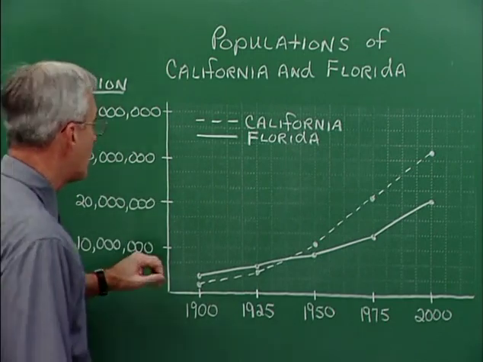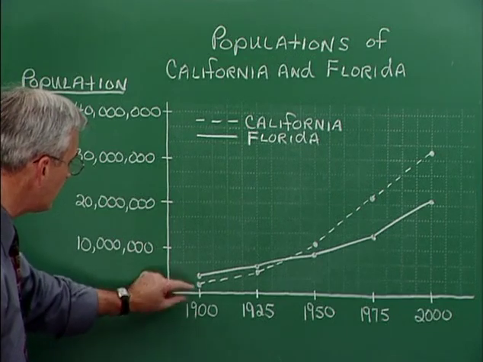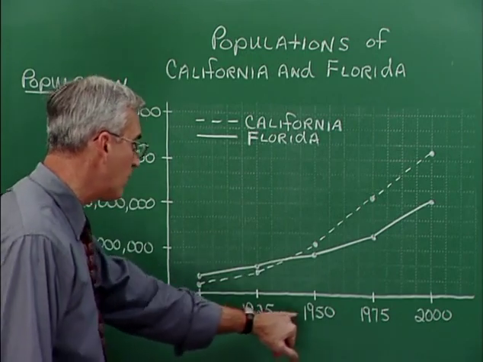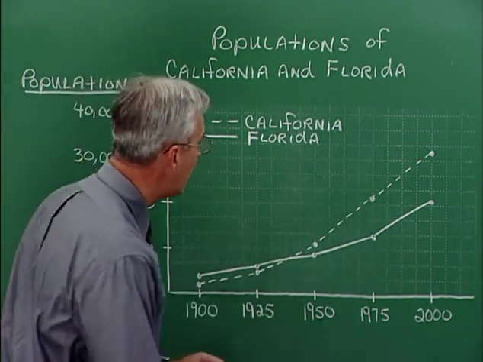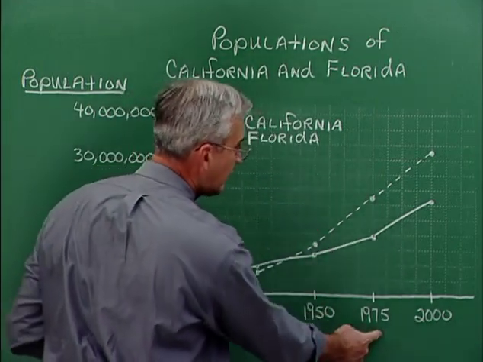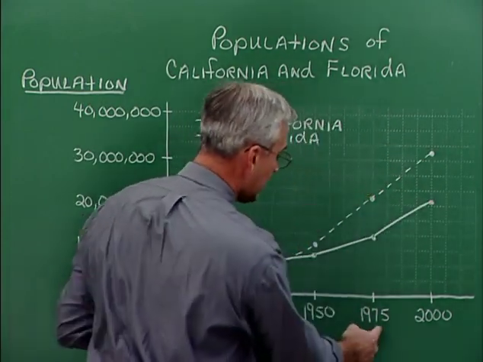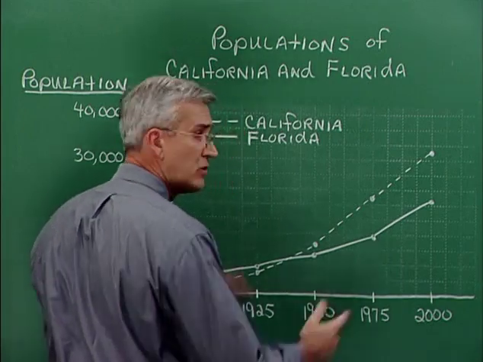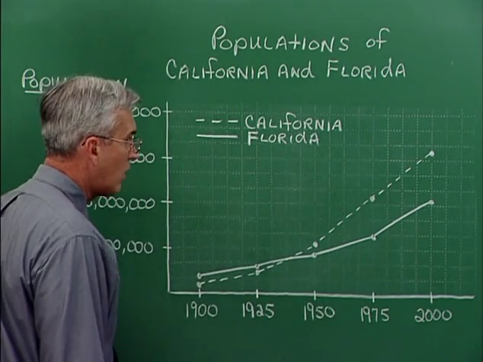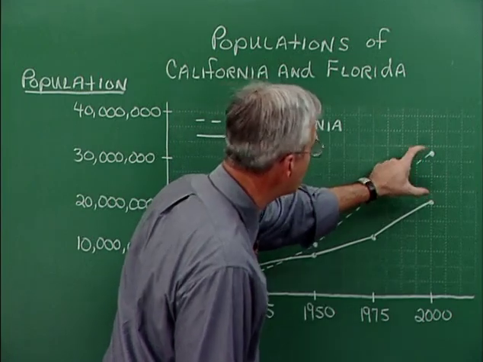We can tell that the population of Florida was greater than the population of California in the year 1900, and they were about the same somewhere between 1925 and 1950, and it looks like they separated quite a bit in the 25 years between 1950 and 1975, and they increased at about the same rate during the years 1975 to 2000. So we can read a lot of different things about two different graphs on the same coordinate plane. We can also tell something about the difference in their populations if we want to determine that.